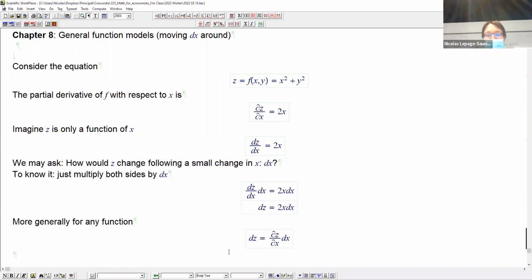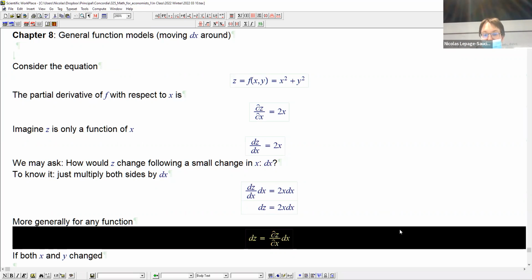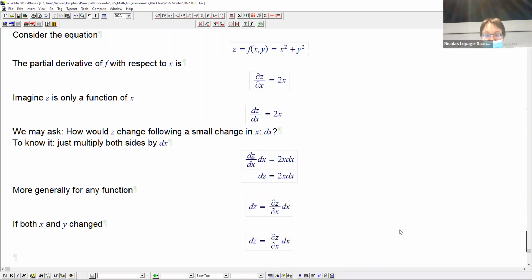And then what's neat about this is I can do it for all the variables that could possibly change. So if both x and y change, I would have dz equals dz dx plus, and then y can change as well, so dz dy.